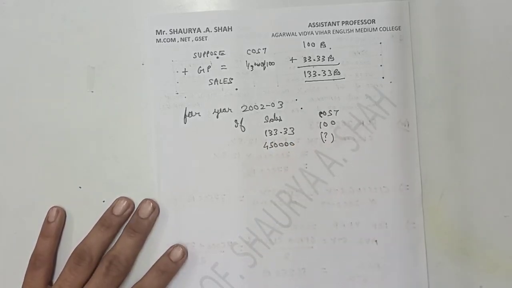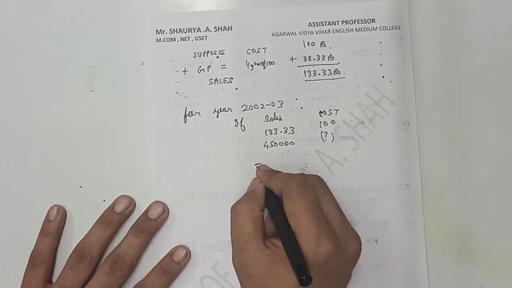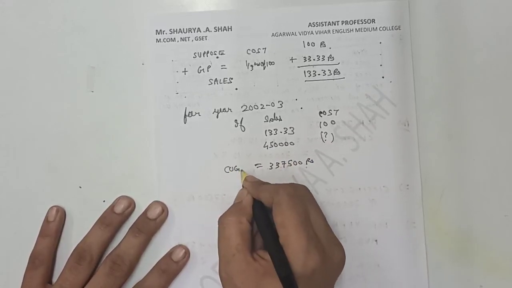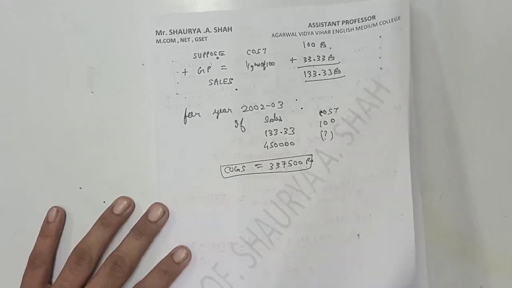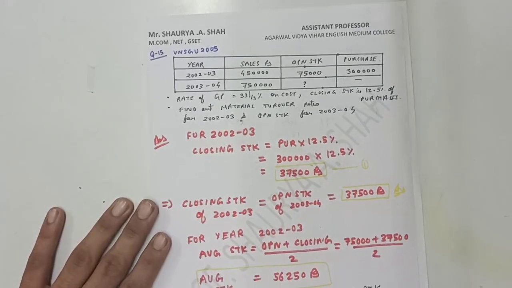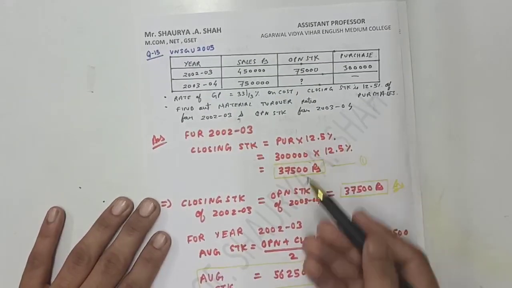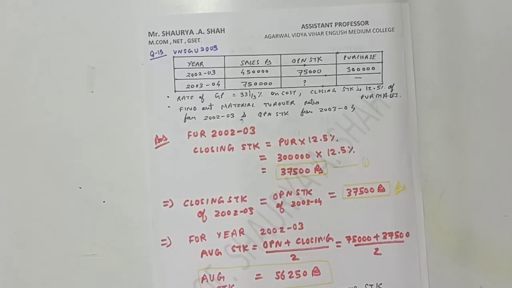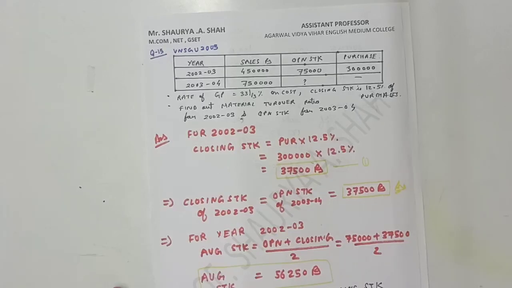So I'll calculate 4,50,000 into 100 divided by 133.33, right? So my answer comes to 3,37,500 rupees. That is the same answer which we calculated with the help of the formula. But if you are not clear with the formulas, you can find an alternative. Learn, students, all these things are formula based, so either way you calculate, your answer should remain the same. Fine, hope it is clear.